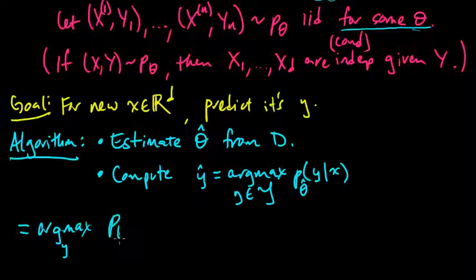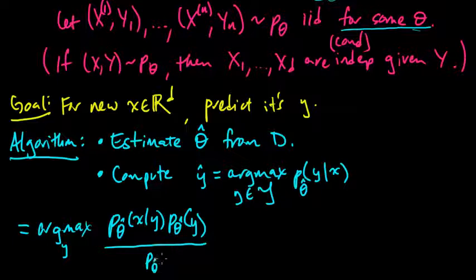Remember that Bayes' rule tells us this is the probability of x given y times the probability of y, divided by the probability of x. That's just Bayes' rule. And now note that the denominator here does not depend on y. And since we're maximizing over y, we could just forget about the denominator and maximize the numerator.